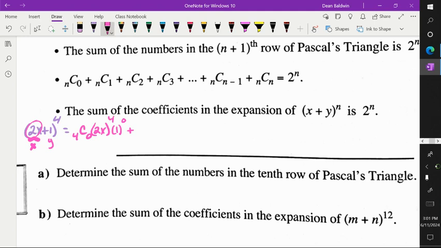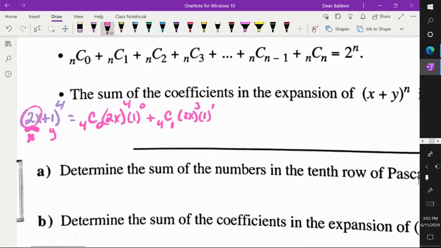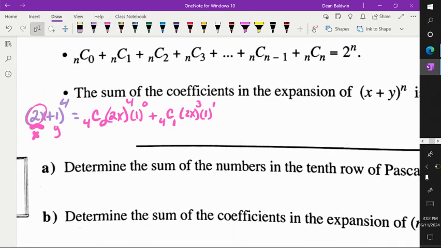Plus 4 choose 1, 2x to the power of 3, 1 to the power of 1. All right, because this is our x term, this is our y term.